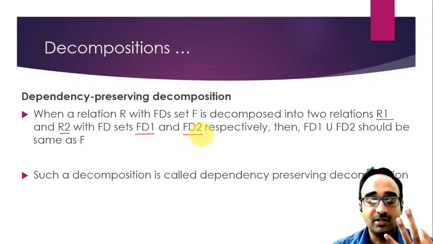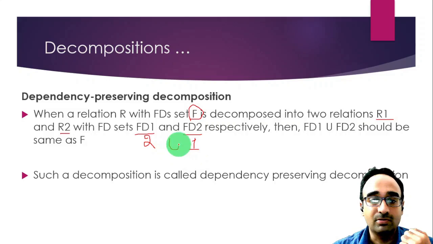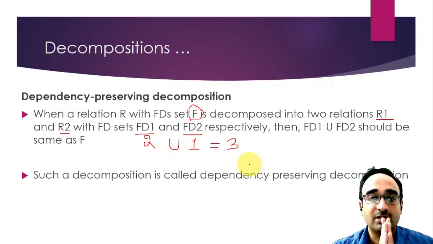There are 3 FDs in the original set. Let's say FD1 has 2 FDs and FD2 has 1 FD. Now when you do the union, you should again get the 3 FDs. Such a decomposition is called dependency preserving decomposition.